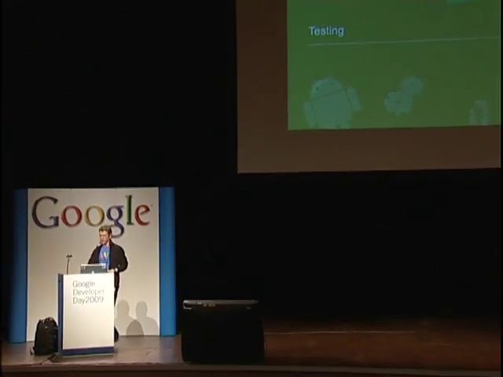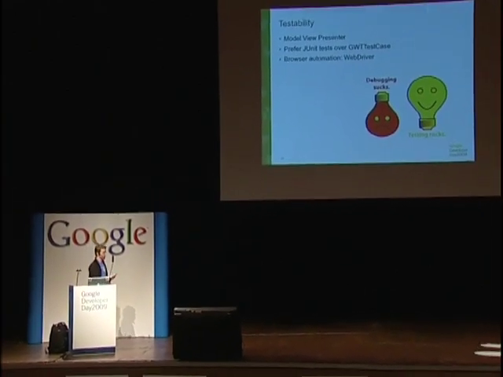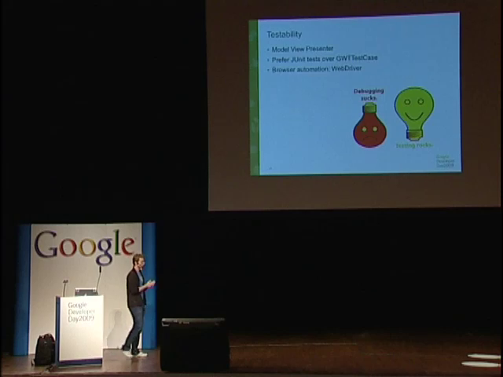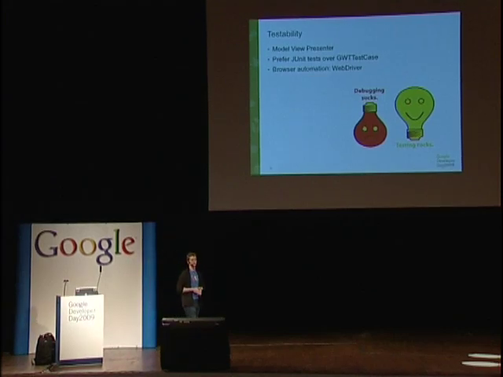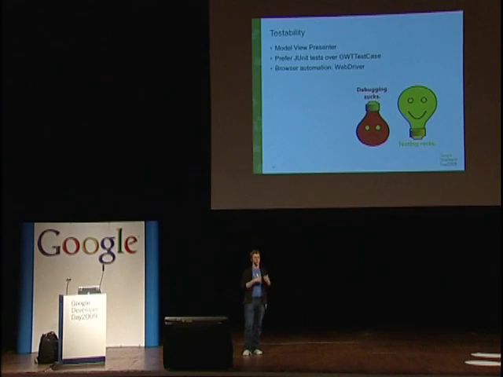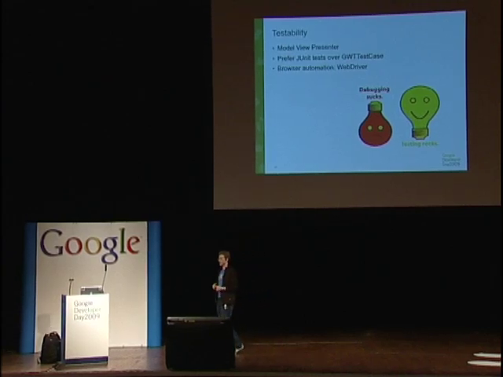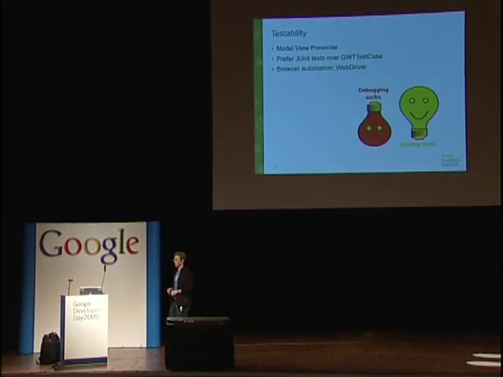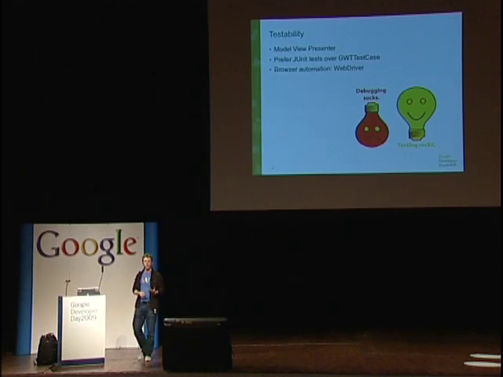So the last thing I'm going to talk about is what we do with testing on the Wave client. GWT gives you a test environment where you can run your code in JavaScript in a mocked browser. These are called GWT test cases. They're just like JUnit test cases.